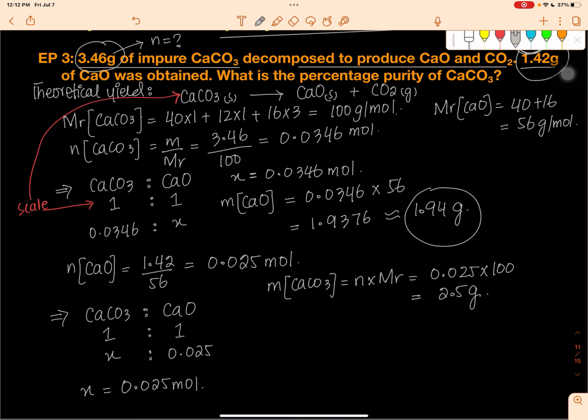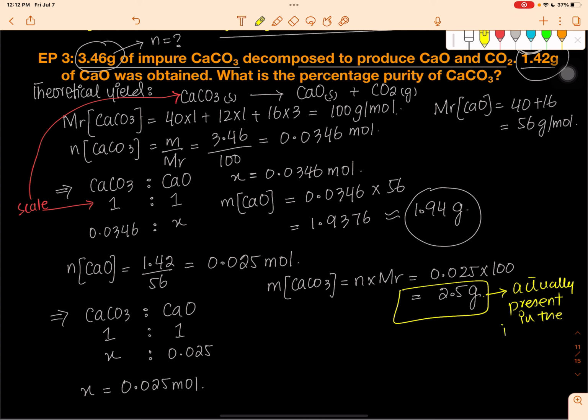So this is the substance which was actually present in the impure sample. That is why we get the lowest actual yield. So we need to find out what percentage was there.